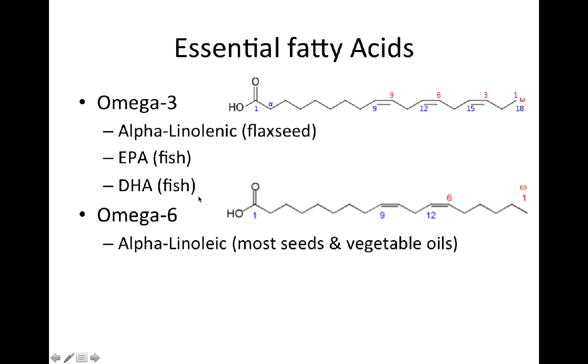However, there is debate whether our body actually makes enough of either of these from this, with a lot of people saying that it doesn't, so you should consume some of the EPA and DHAs as well.